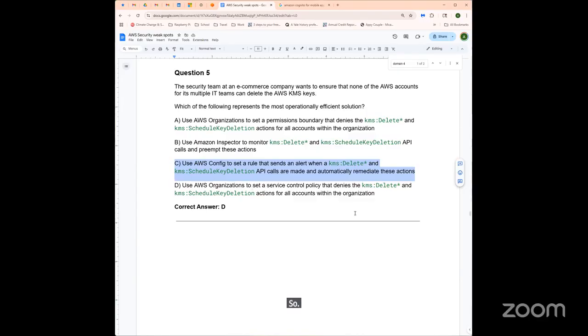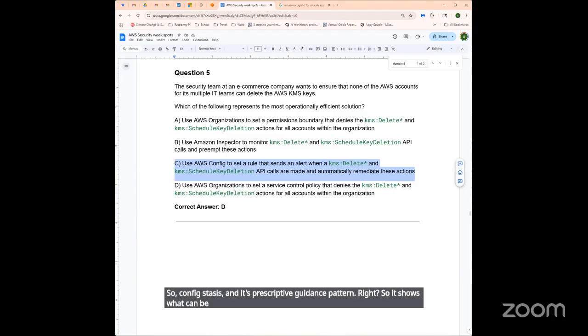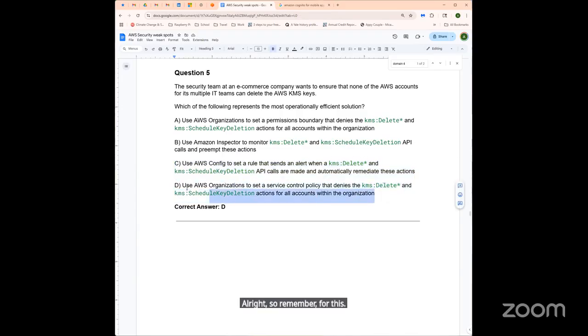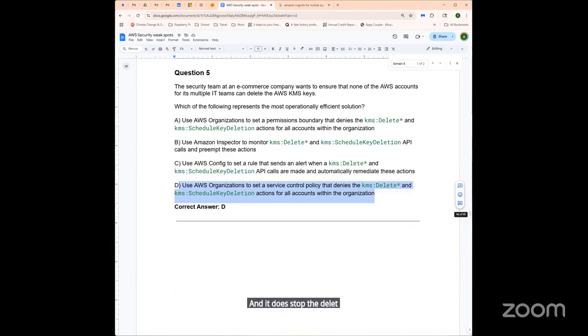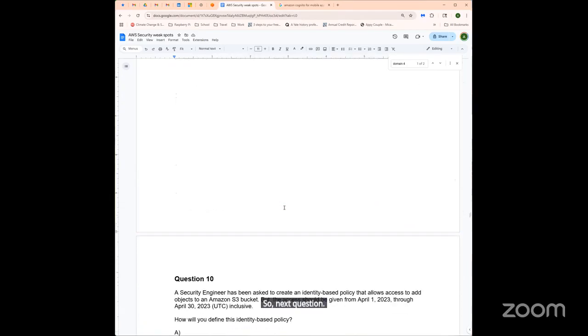So Config states this in its prescriptive guidance pattern: it shows what can be done, and it can remediate certain things with other actions. So remember for this, service control policy denies KMS delete and schedule key deletion. Why? Because it's central, it's account-wide prevention, and it does stop the deletion. Okay, next question.